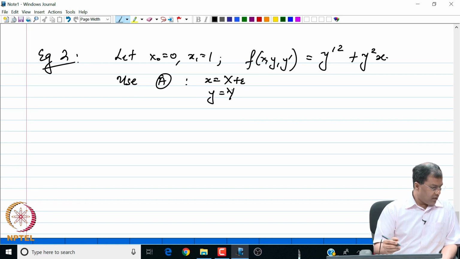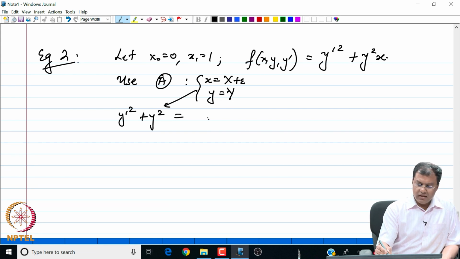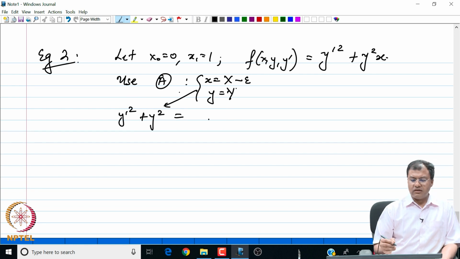So from here we see that for this transformation, y prime squared plus y squared x, when we plug in, well, x will be x minus epsilon, again the same translational transformation.